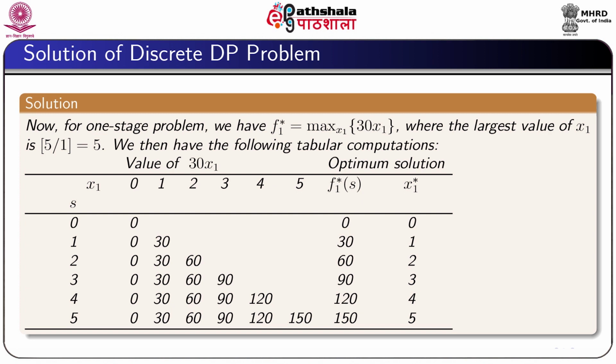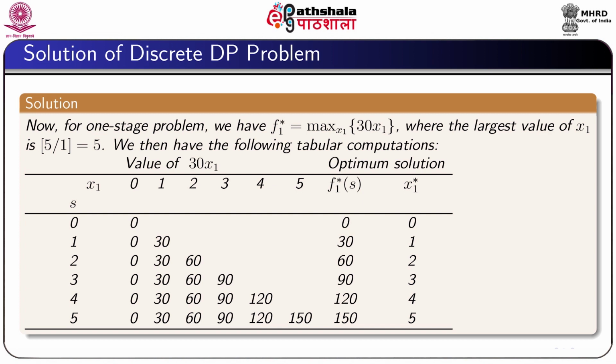We have the following tabular computations. s can take the value 0, 1, 2, 3, 4, 5, and x1 also can take the value 0, 1, 2, 3, 4 and 5.